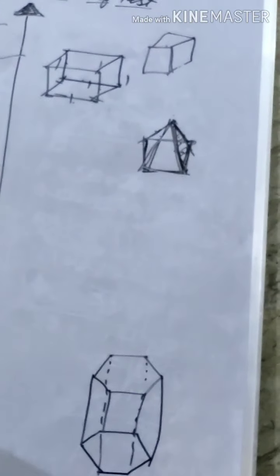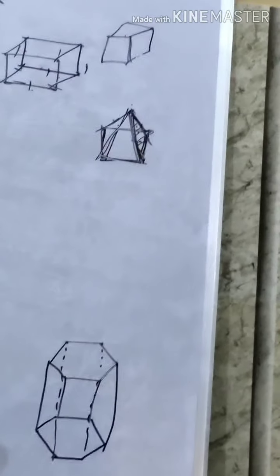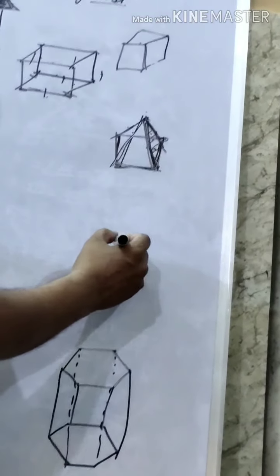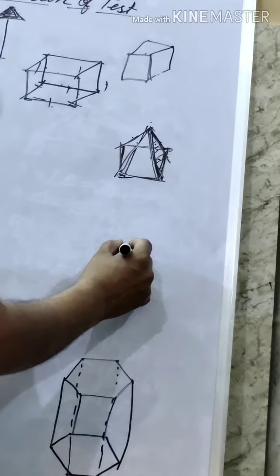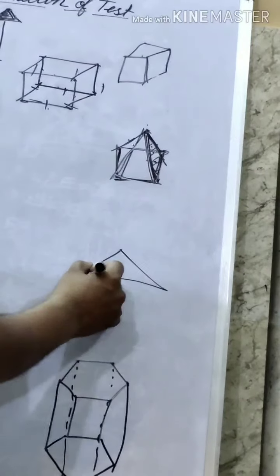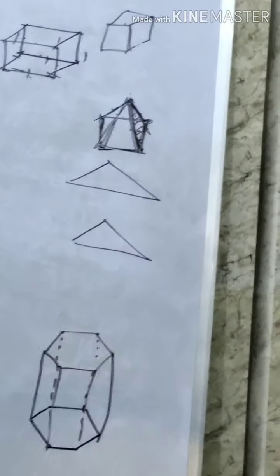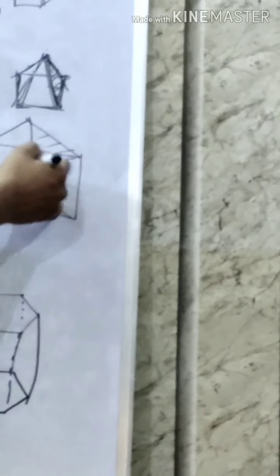And next question was, in a triangular prism the lateral faces are what? Triangular prism means, my dear students, suppose the base is triangular, the top also triangular. If you join these, then you see the lateral faces.